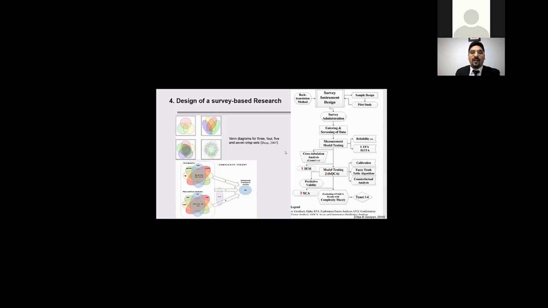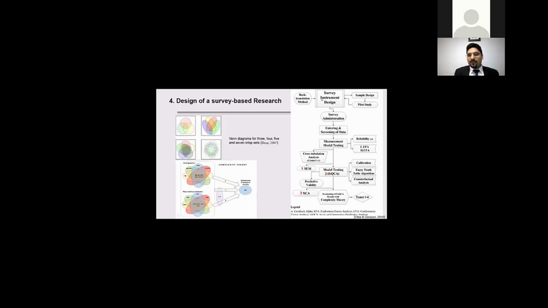Because nowadays, you know that it's very competitive to get published in the top journals. You need to apply an advanced methodological approach to increase your chance or to provide a methodological contribution to your research that increases the chance of publication.